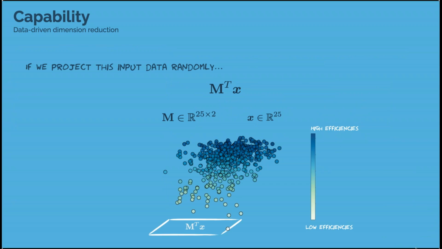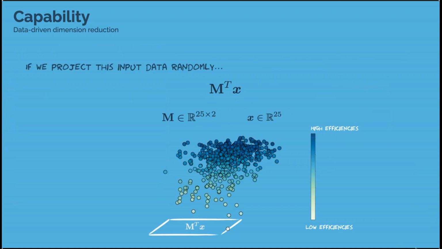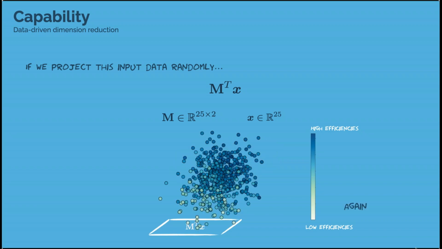Just to give you a bit of intro, if you were to just take this data and project it randomly, this is what you'd observe. So I'm taking each row in this data set of the different designs, each x, pre-multiplying it by m transpose, where m is 25 by 2. And if m is selected completely randomly, this is the kind of result you observe.